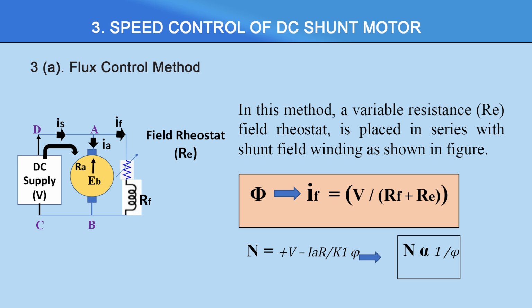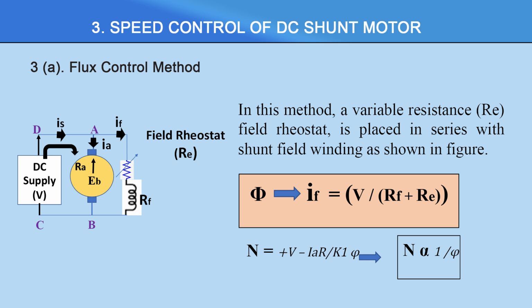So the supply voltage will be maintained across the armature and across the field winding. Means the voltage across the field winding will be V, and I is equal to V upon R. Total resistance of this field winding will be RF plus RE. RF is the field winding resistance itself, and RE is the external resistance. Overall, we can say that IF is equal to V upon RF plus RE.